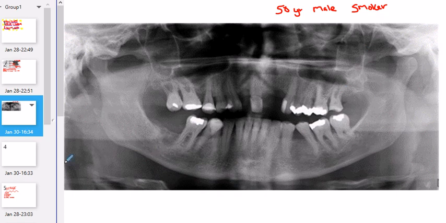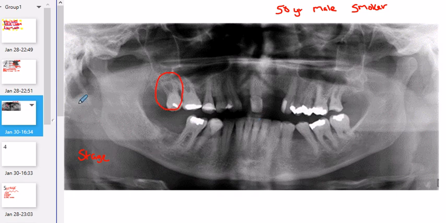Firstly, we're going to look at the stage. Remember, the stage is looking at the most affected tooth in the dentition. And for this, on this occasion, I'm going to use this tooth up here.